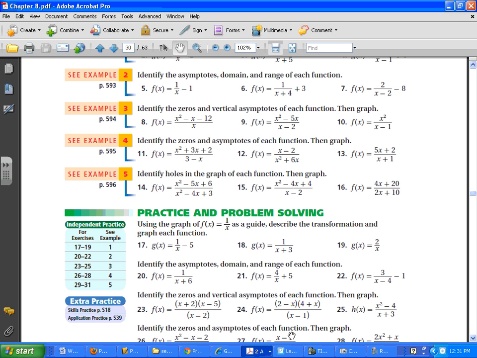So this would have been the very last one on here. It says there's none for horizontal asymptotes if the degree of the numerator is larger. And if it's 1 larger in this case or 2 larger, those are specific things that we'll talk about when we get more advanced stuff.